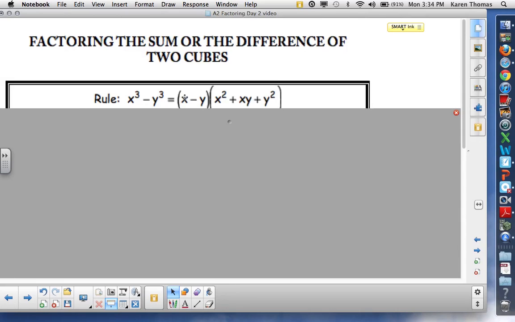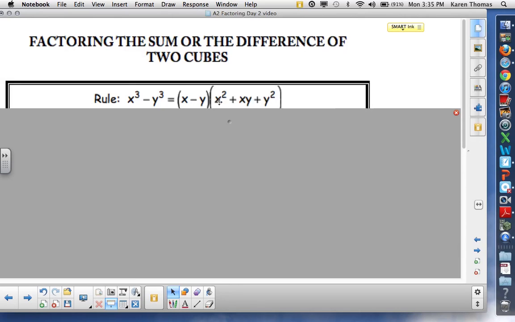So I write the cube root of x, or the first term, in the first set of parentheses. Then I take the cube root of my second term and write it at the end of the first set of parentheses. I then look at this x that's in the first set of parentheses, and I square that term.